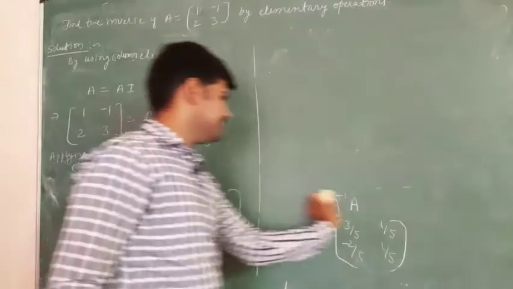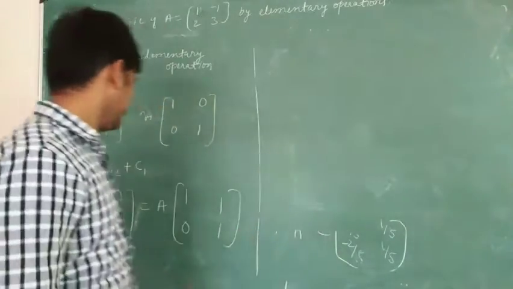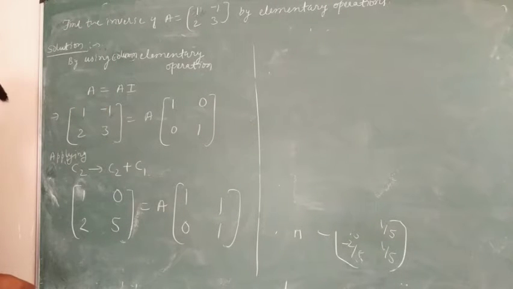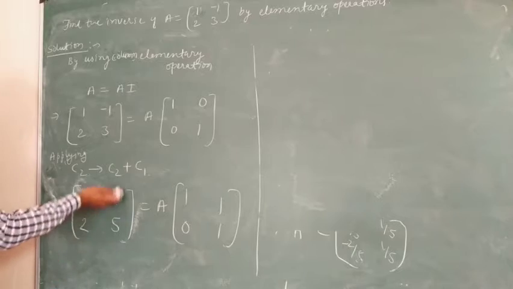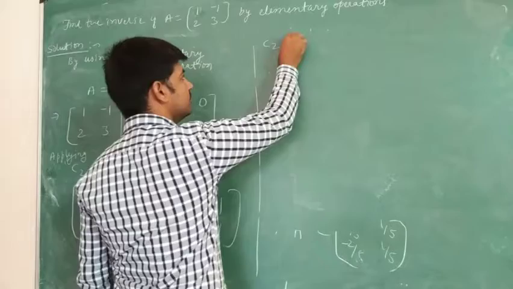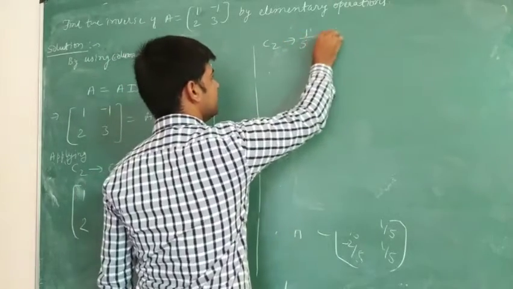Now students, to make this an identity matrix, what else is required is we can multiply this C2 by 1 upon 5. So C2 is replaced by 1 upon 5 times C2.